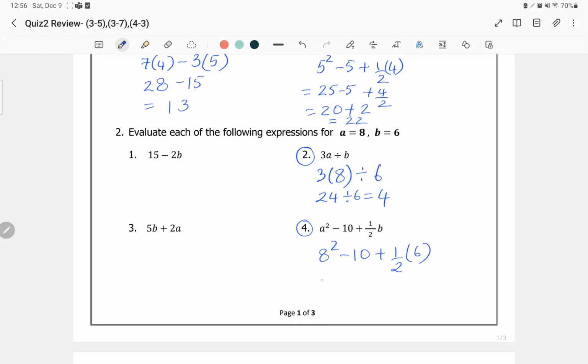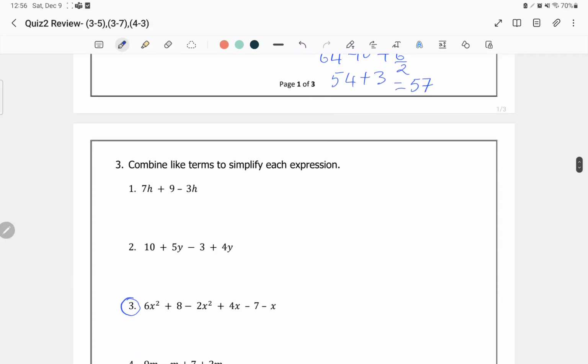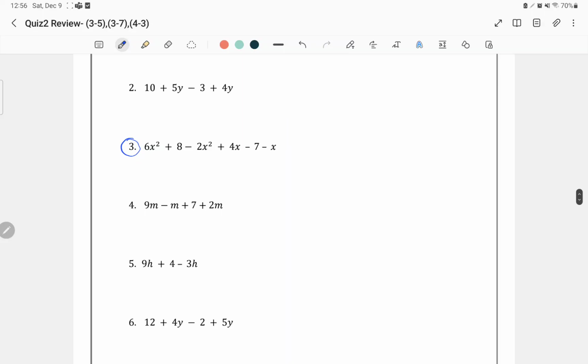So 8 to the power of 2, which means 8 times 8 is 64, minus 10 plus 1 times 6 is 6 over 2, or 6 divided by 2. 64 minus 10 is 54, plus 6 divided by 2 is 3. So your answer is 57.